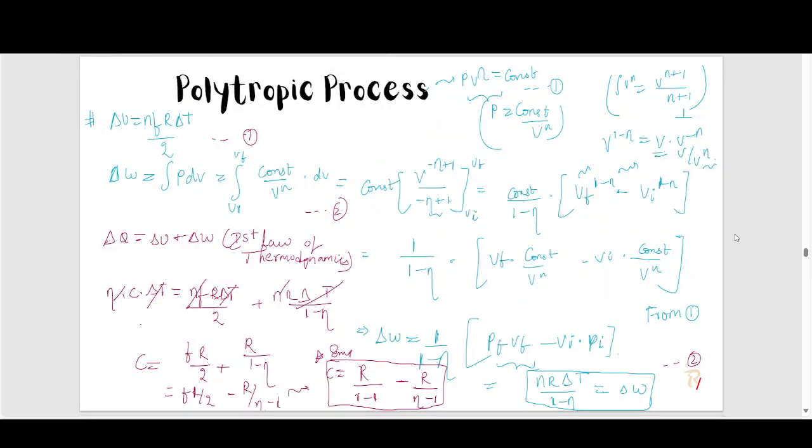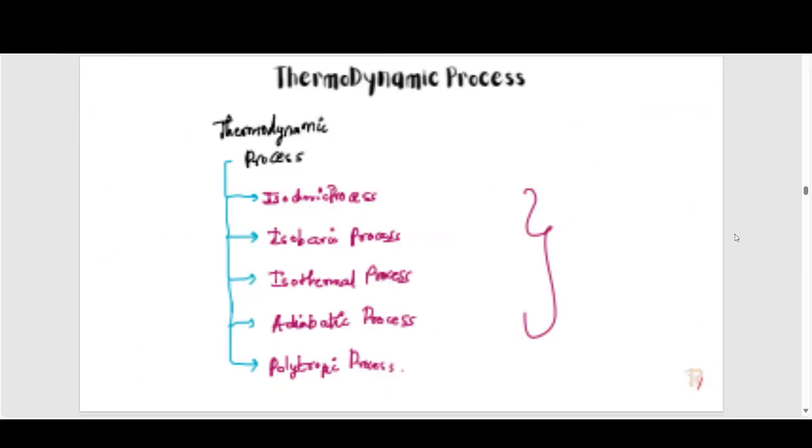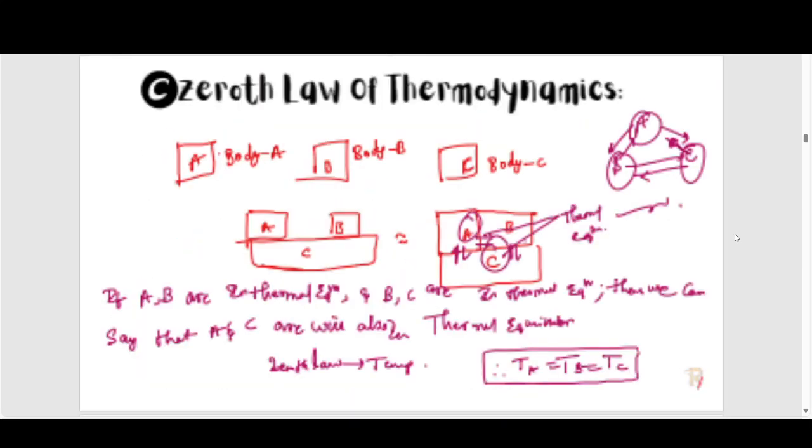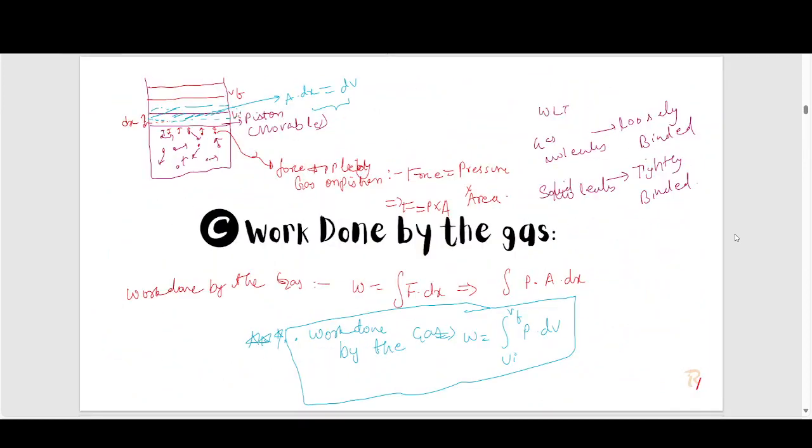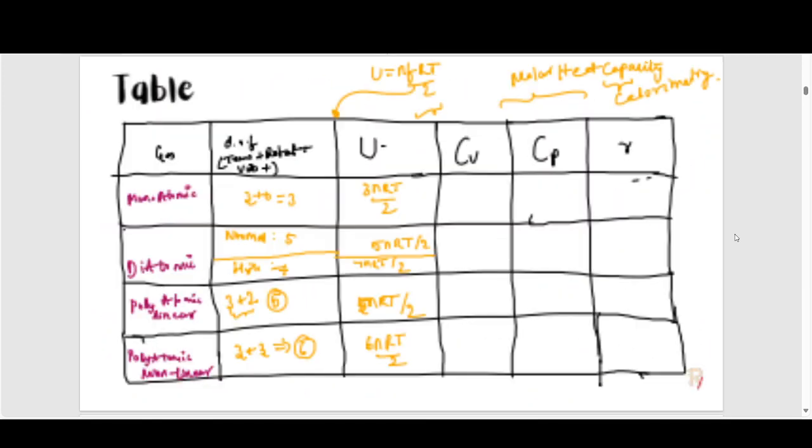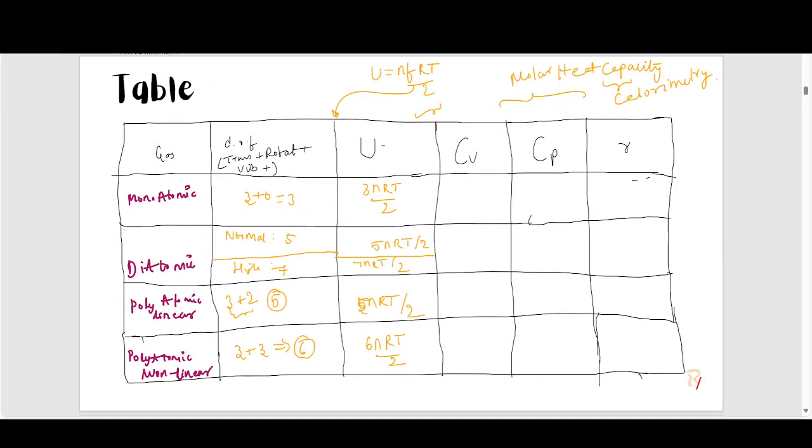Let us solve the first table I have left. Okay, let us solve this table.